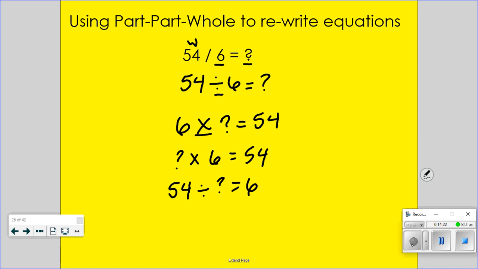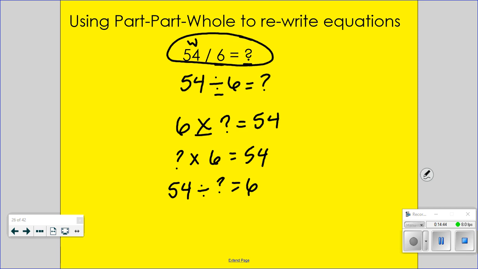The reason why we are practicing this is because sometimes you'll see an equation, maybe one like this, and you're like, ooh, I know how to divide. No, thank you. It's not my favorite. It's a little tricky for me.